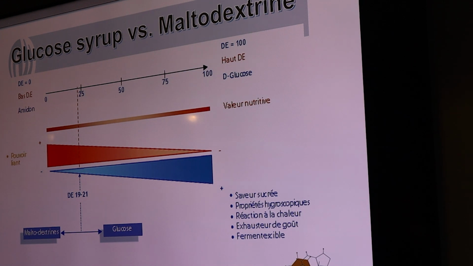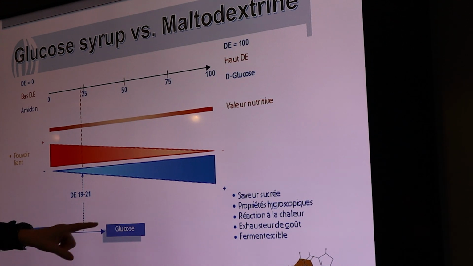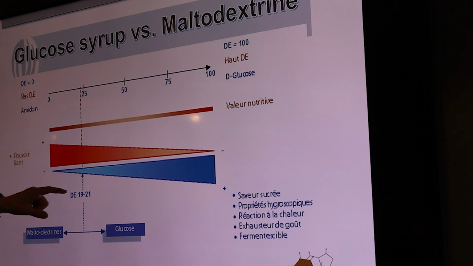So that's why you sometimes use maltodextrin. But the mix with glucose will always consider the DE solution in your ganache. So that's one of the keys, and you will also see it later on today.